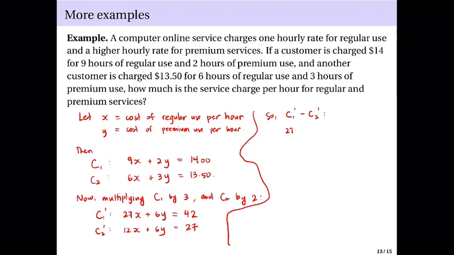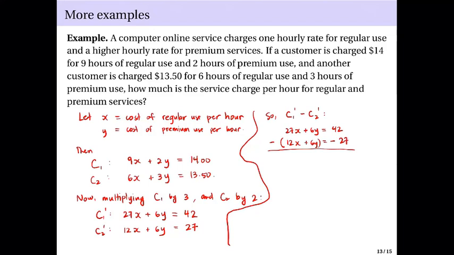Let me write the equations. We have 27x plus 6y equal to 42, and then minus the quantity 12x plus 6y equal to 27.